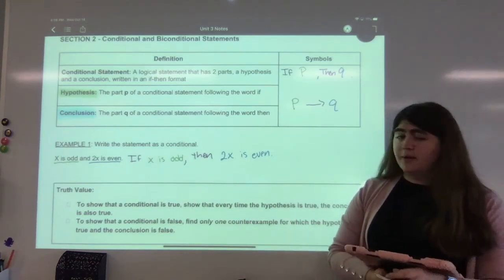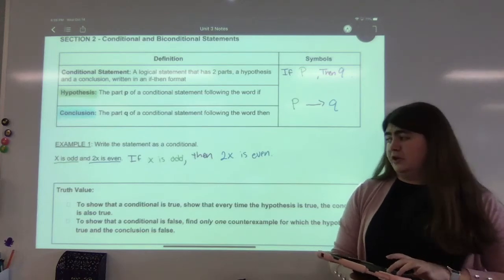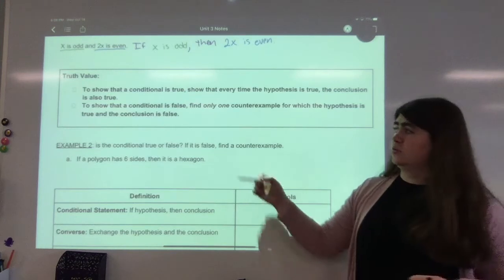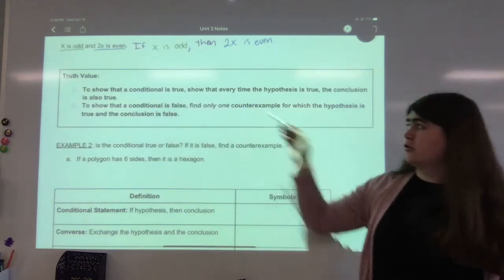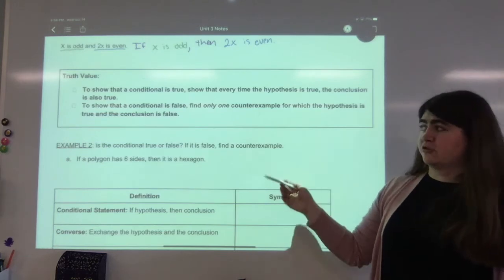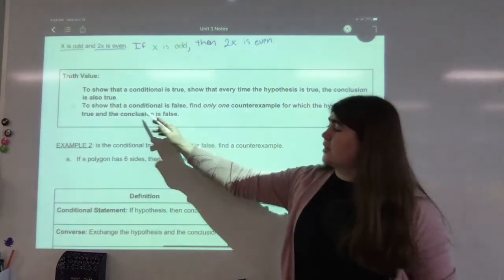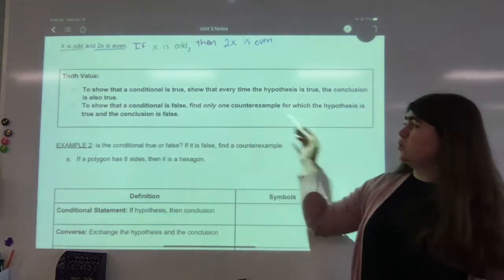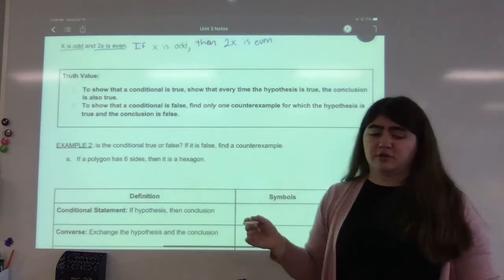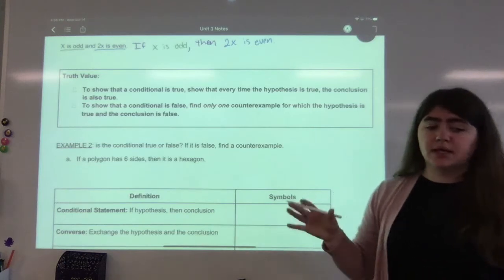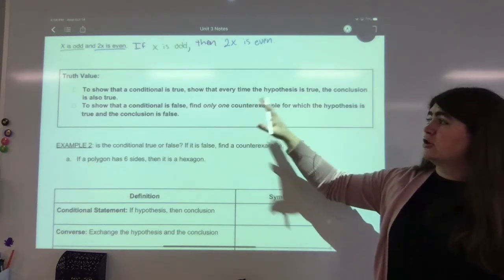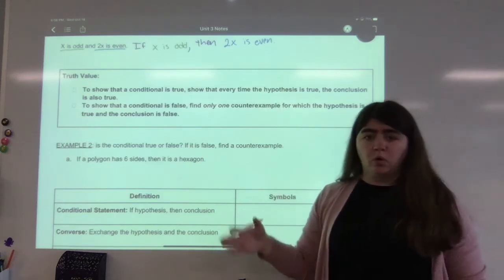All right, so now we have something called a truth value. A truth value does two things. One, to show that a conditional is true, show that every time the hypothesis is true, the conclusion is also true. And to show that a conditional is false, find only one counterexample for which the hypothesis is true and the conclusion is false. So what we're really getting at here with the truth value is that a conditional statement is either true or false.